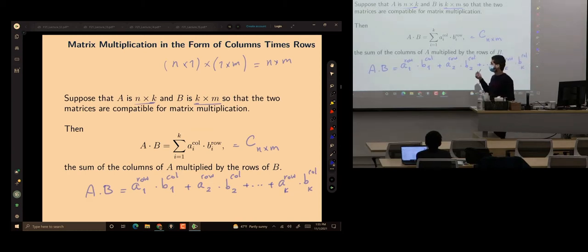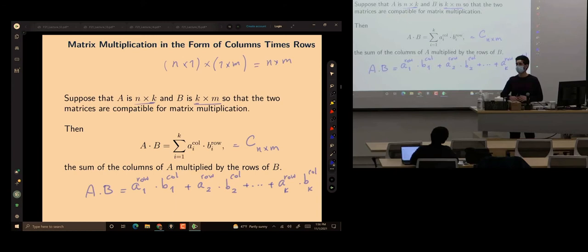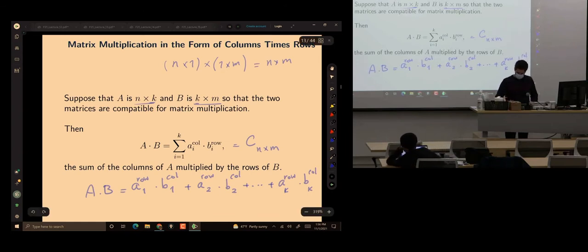Looks interesting. But why is it useful? Because LU factorization just came out of this naturally, and the way it worked, we're going to see soon.